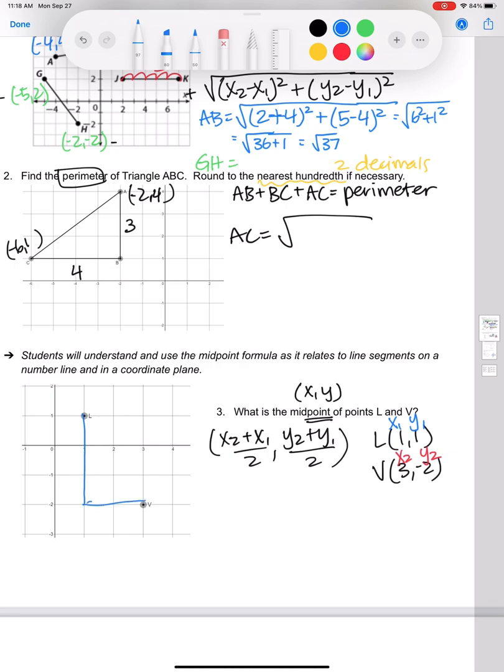If I look at the horizontal and vertical distance, a midpoint is going to be found where half of those distances lie. So I can actually take half of 3, which is 1.5, and half of 2, which is 1, and get the location of the midpoint.